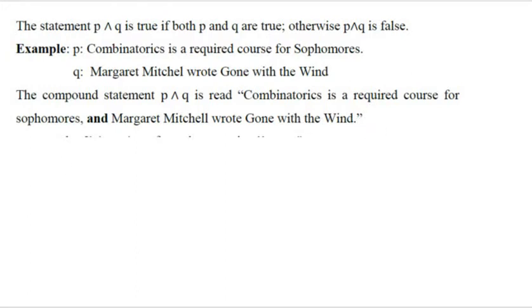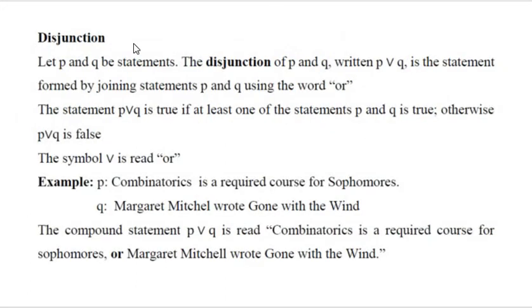Another logical connective is known as disjunction. Let P and Q be statements. The disjunction of P and Q, written P disjunction Q, is the statement formed by joining the statements P and Q using the word or.